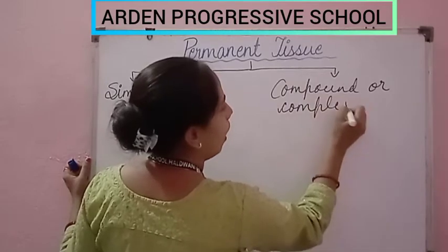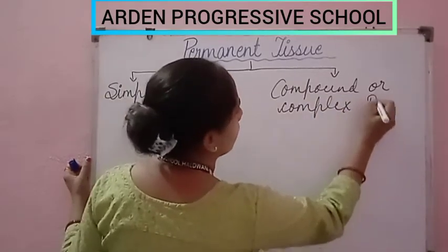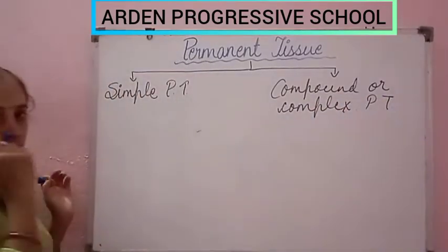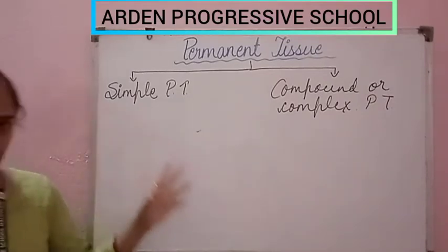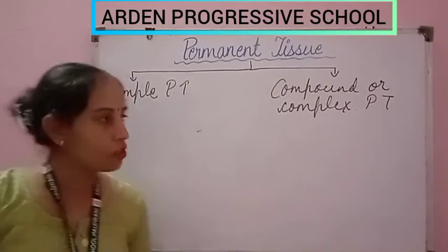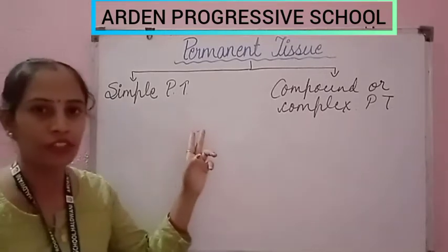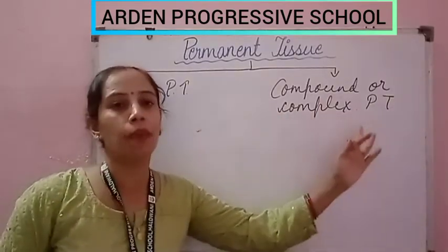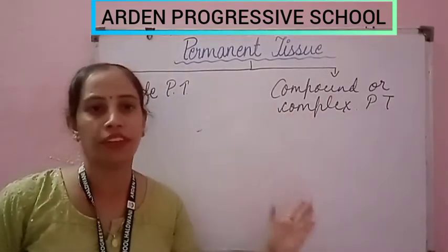This is another type of permanent tissue. Clear, students? So there are two types of permanent tissue. First one is simple permanent tissue and the second is compound or complex permanent tissue.